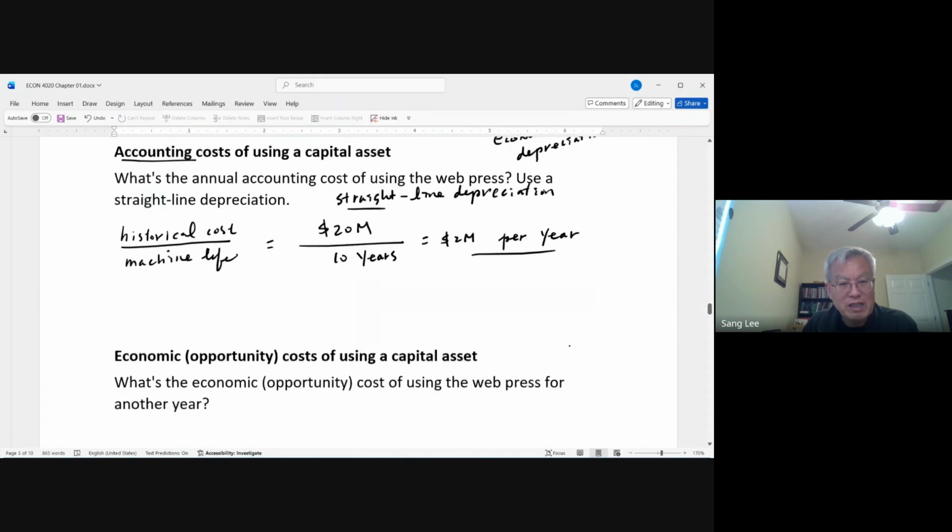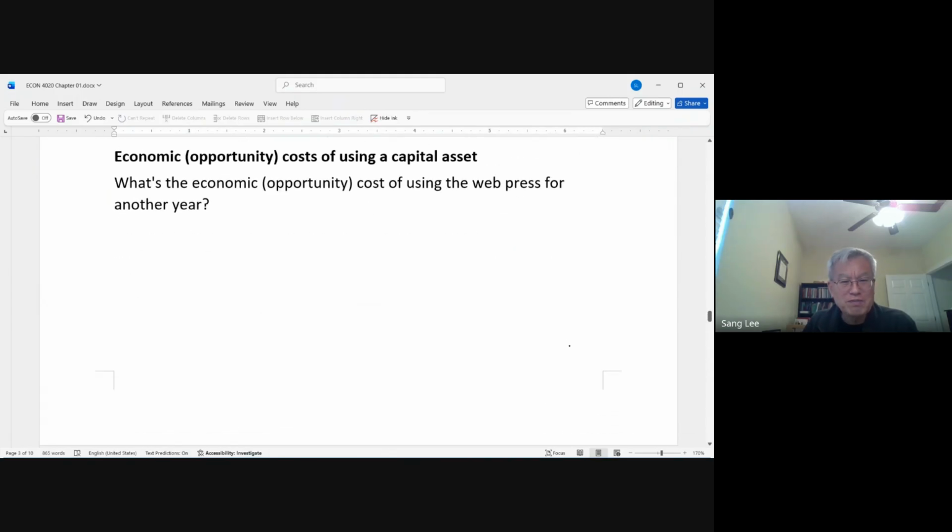Now, opportunity cost. If you are a decision maker, you really want to know the true cost of using this web press machine for another year, not based upon a man-made IRS approved bogus rule, because you really want to know the true value. So here, how did we define opportunity cost?